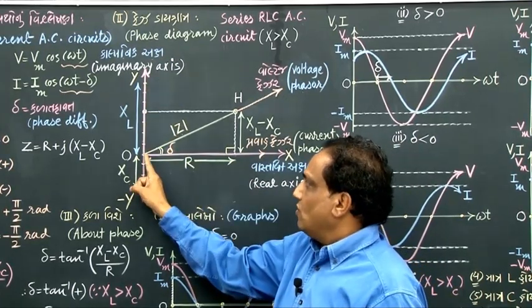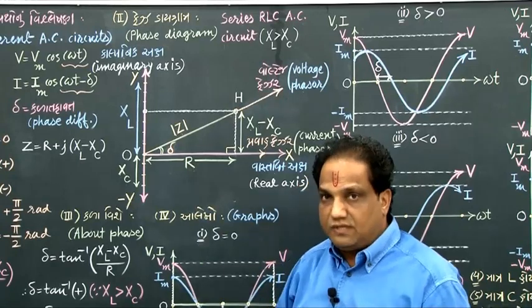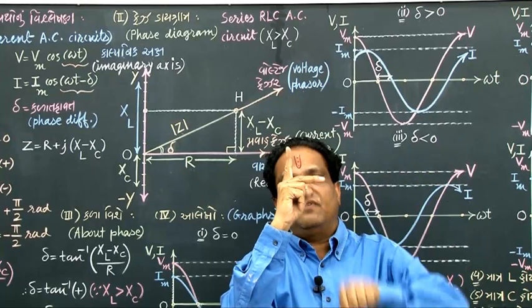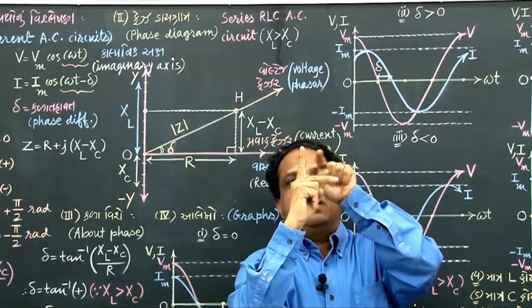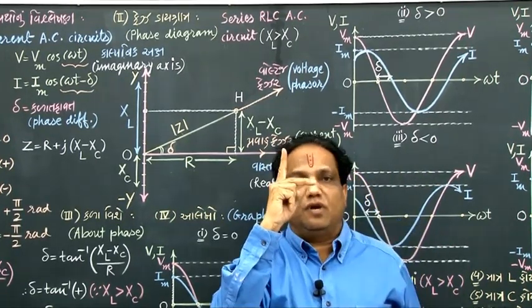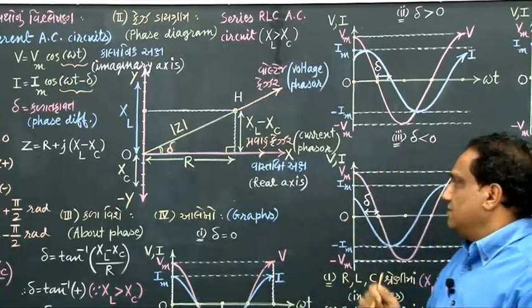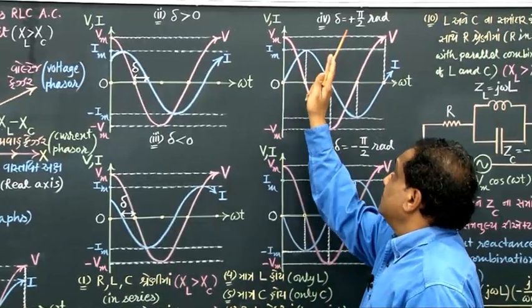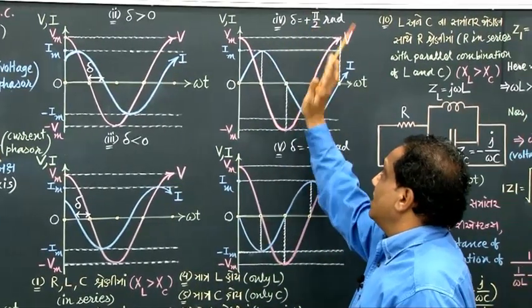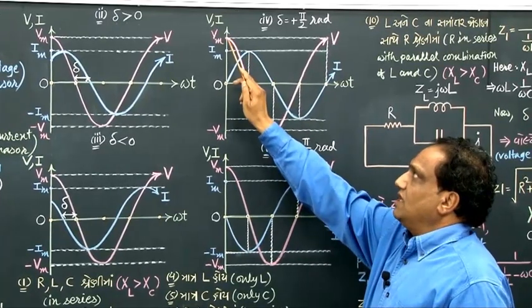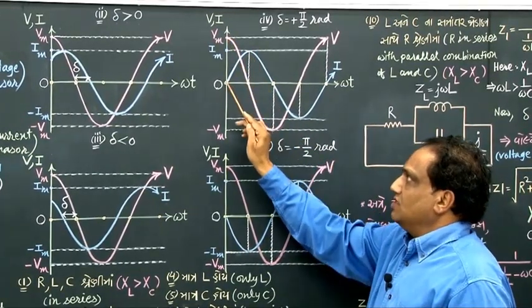In the direction of ray OH, you will get the voltage phasor. So the situation is this. This is the voltage phasor, this is the current phasor, and this is the angle between them, delta equals plus pi by 2 radian. Got it? For delta equals plus pi by 2 radian, these are the graphs. Come on, tell me, when voltage is maximum, current is 0.